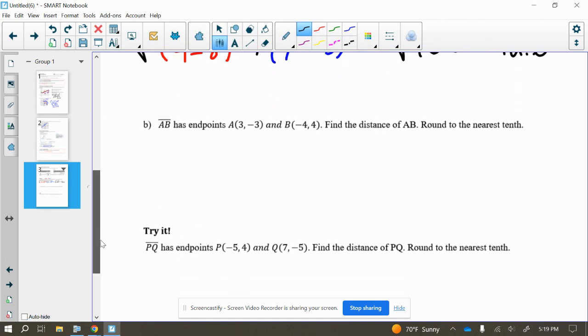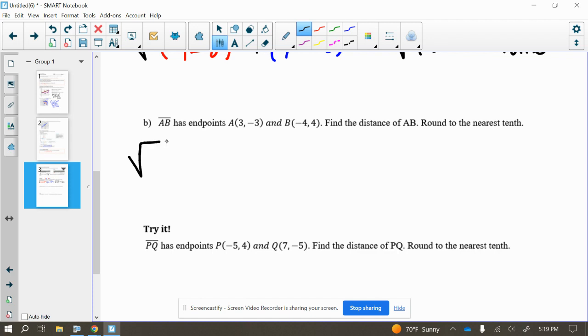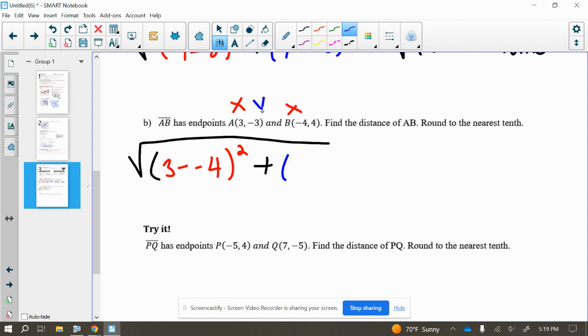All right, let's look at one more example before you try one on your own. This time, A and B have the points 3, negative 3, and negative 4, 4. So again, I'm going to start with my x's, 3 minus negative 4, x minus x, quantity squared. We will add that to our two y values subtracted, negative 3 minus 4, quantity squared.